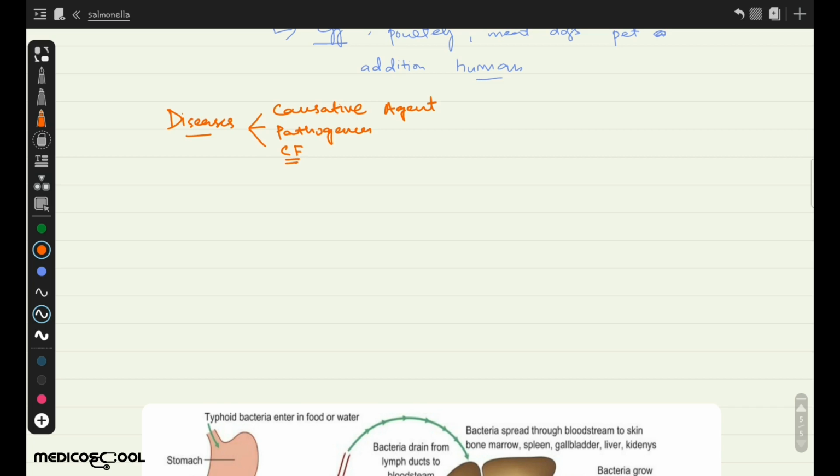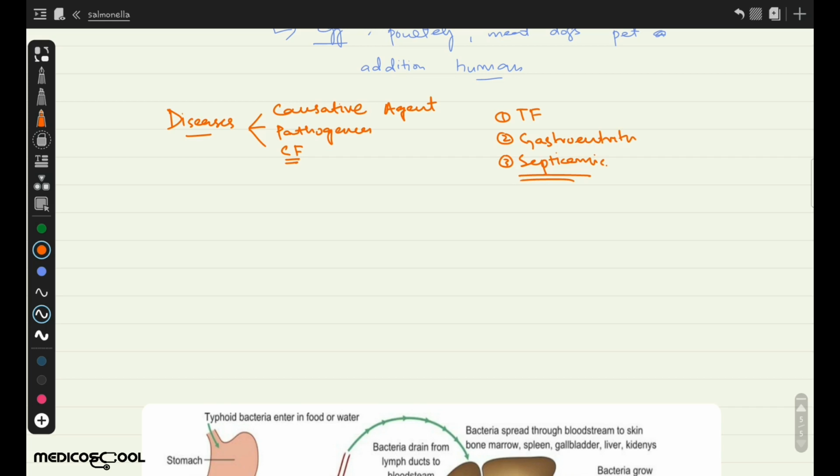The Salmonella species cause three types of diseases. The first one is typhoid fever, the most important. The second one is gastroenteritis, and the third one is septicemia.